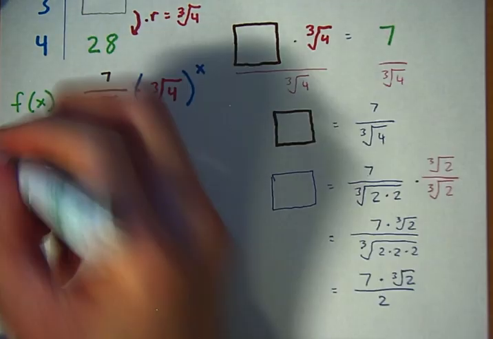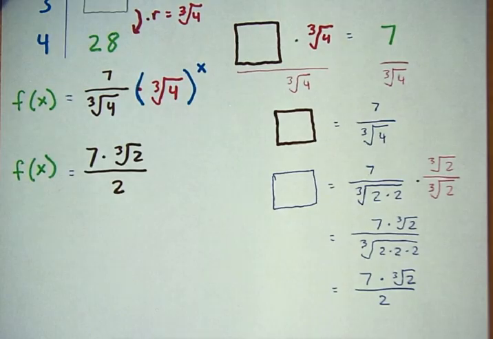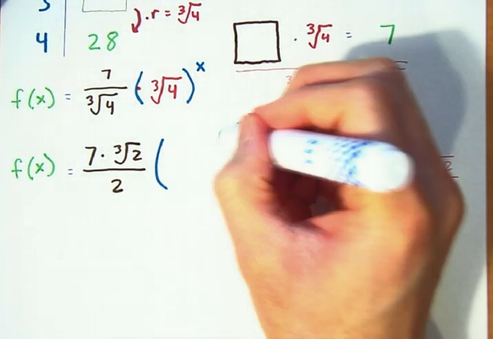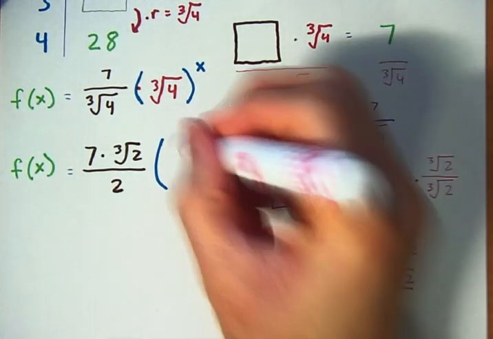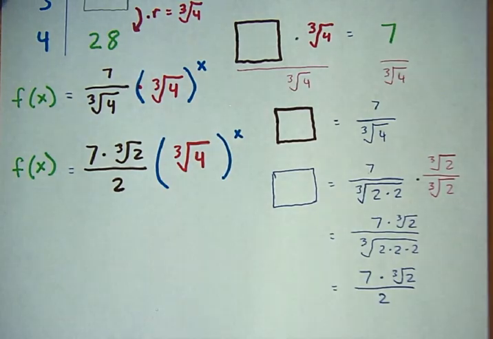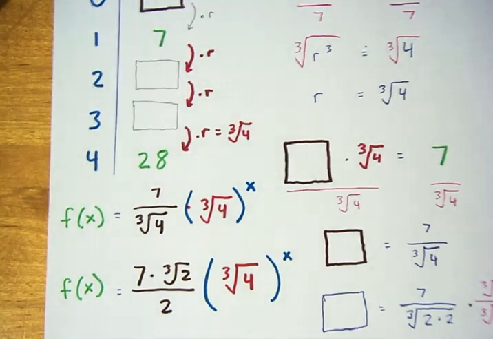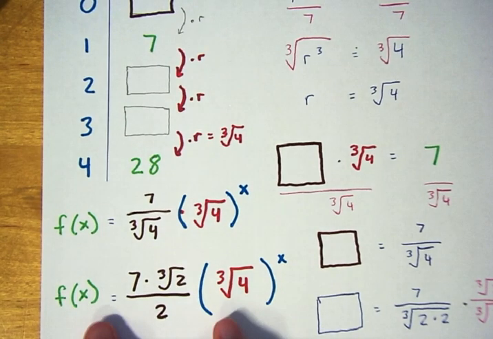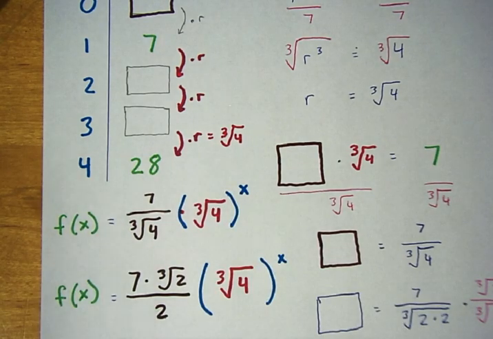So the most proper way to write that equation looks like this. So this would be the equation right here that goes through 1, 7 and 4, 28 and is exponential.